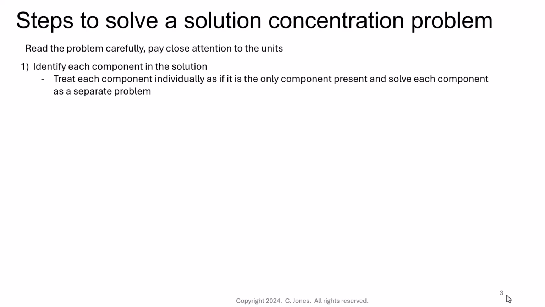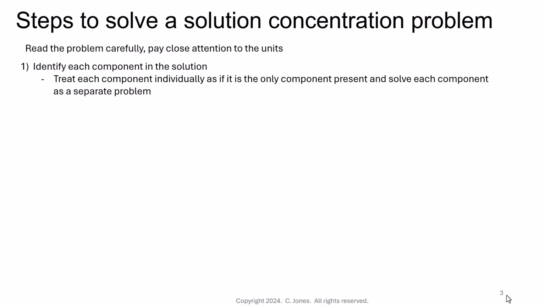So the first thing that we're going to do is identify each component in the solution. Treat each component individually as if it is the only component present, and solve each component as a separate problem. As you read the problem, you also need to pay attention to the units: grams, milliliters, liters, microliters, whatever it is. You always need to be aware of the units.